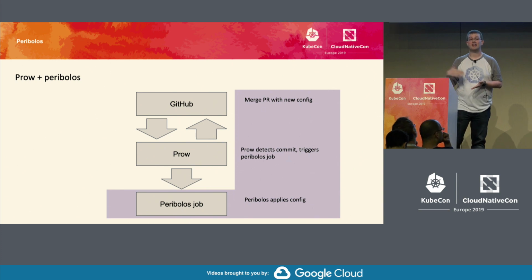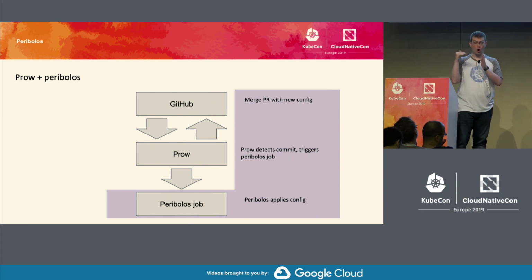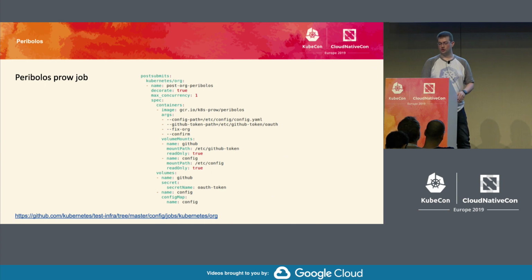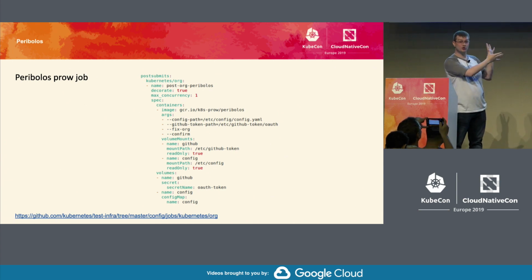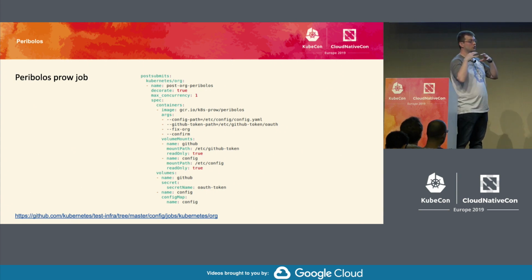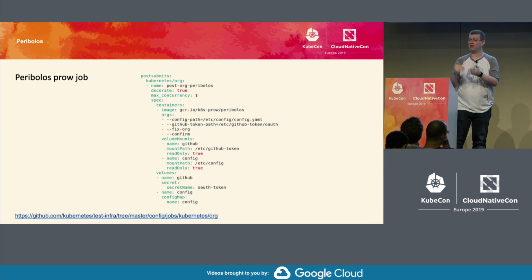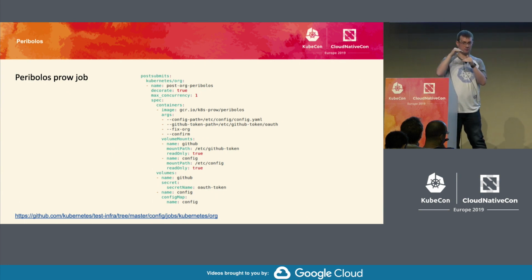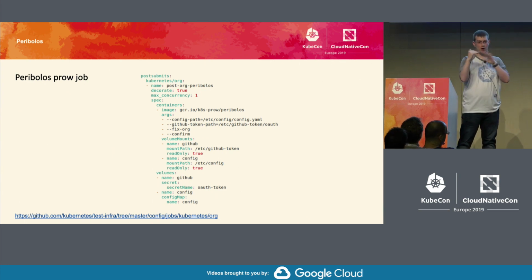When that happens, we kick off a post-submit job on that new commit on master with a pod spec to run a very specific command, checking out that master at that specific commit and running a tool. So we have a very simple job spec that looks very similar to a Kubernetes pod spec to kick off a job, and this will check out that Git repo and run Peribolos with the same flags as you saw earlier anytime something merges to that repo.